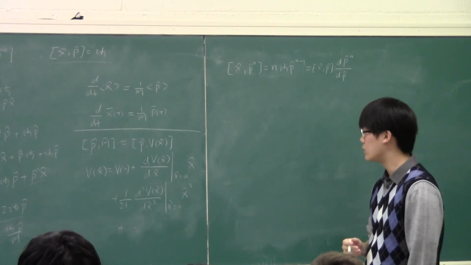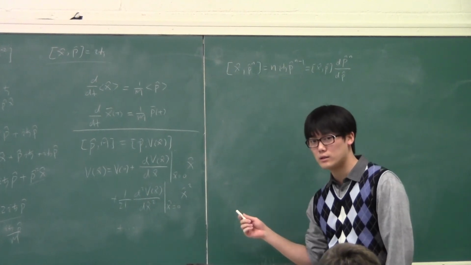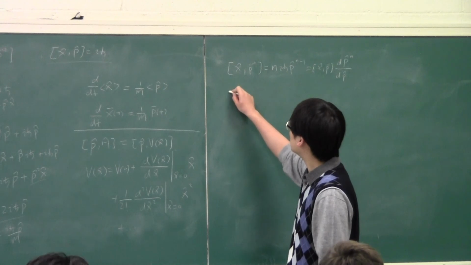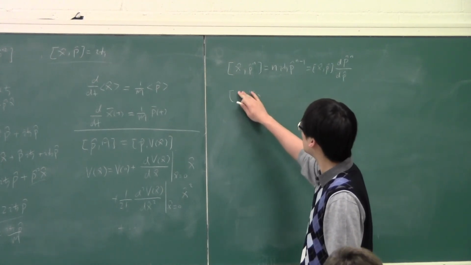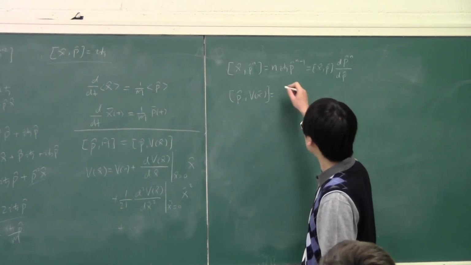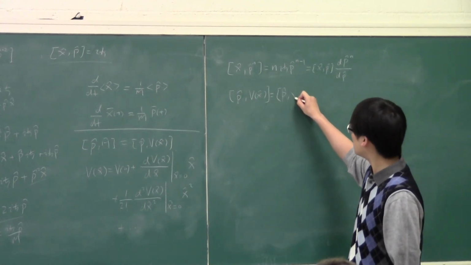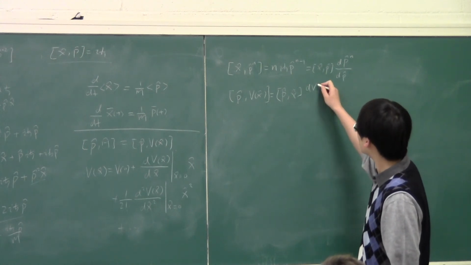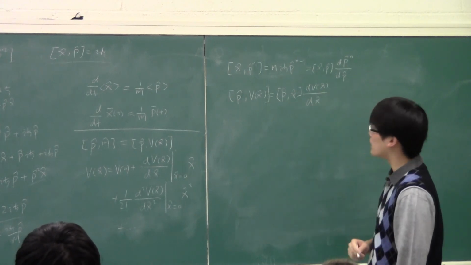Okay. Right. So now since this works for each power, and we have expanded this as a power series, it must work for v as well, right? So in general, we can write the commutator of p and v of x, I just plug in this equation here: the commutator of p and x times the derivative of the potential with respect to x.